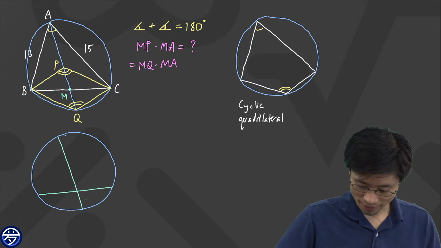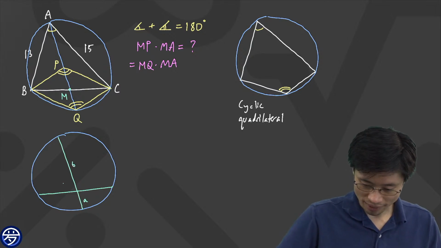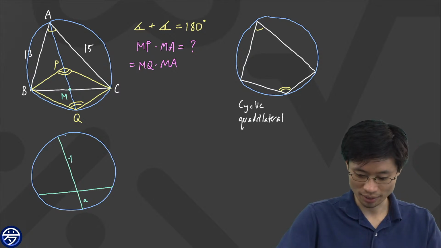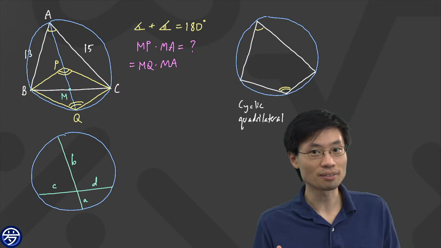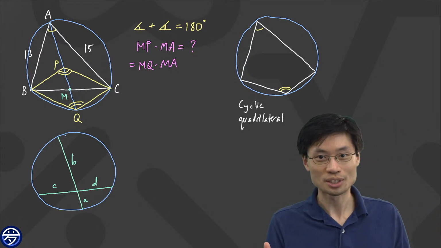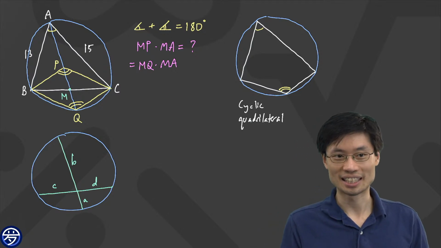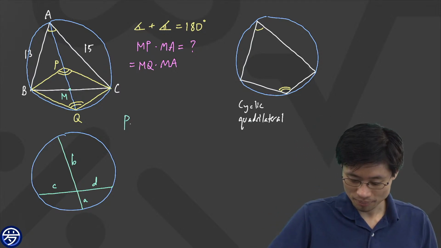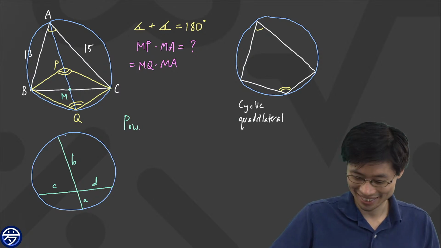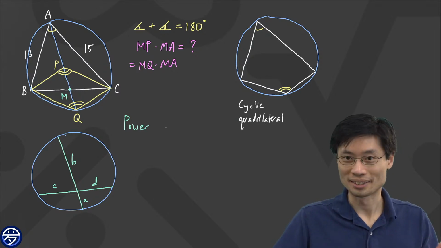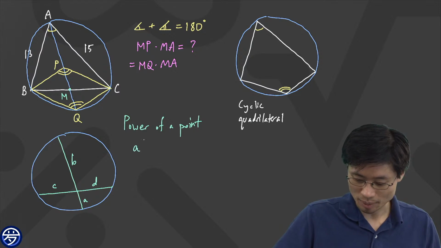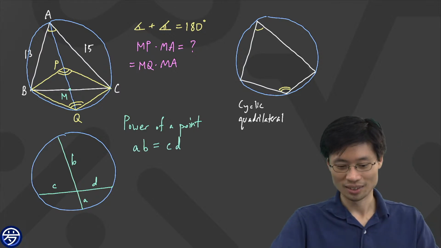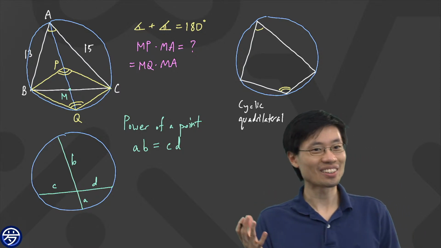If this length is A, and this length is B, and this is a C, and this is a D, there's a very important fact, also proved in any geometry class: power of a point. This is a very powerful theorem. Power of a point tells you that A times B is always equal to C times D. So in that case, how can I finish this?